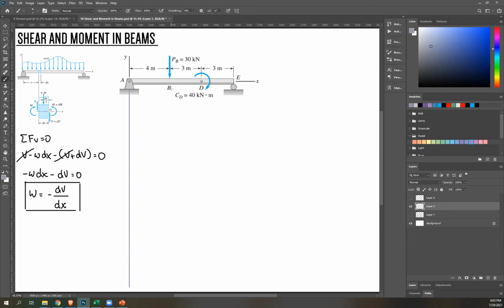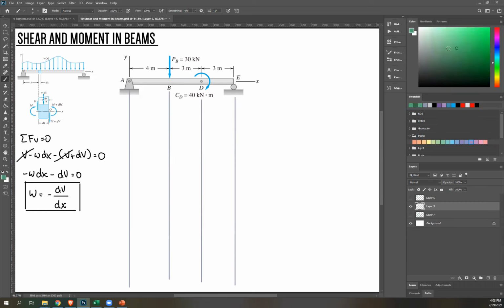Now, usually you're gonna apply your guidelines on supports and on the load. So there's a load here, one more here, and another here. Okay, so reactions are not given, so let's solve for that.